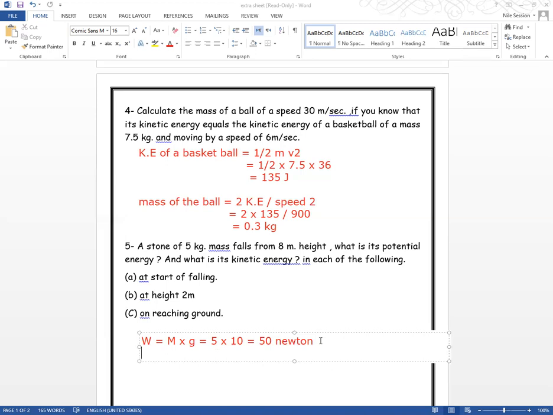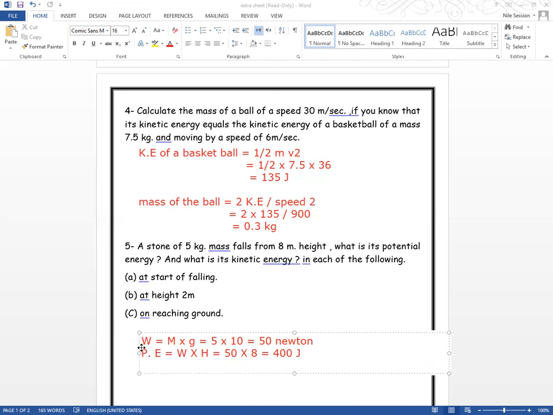So the potential energy equals weight times height, so weight 50 Newton times height 8. So the potential energy at the starting point equals 400 joule.